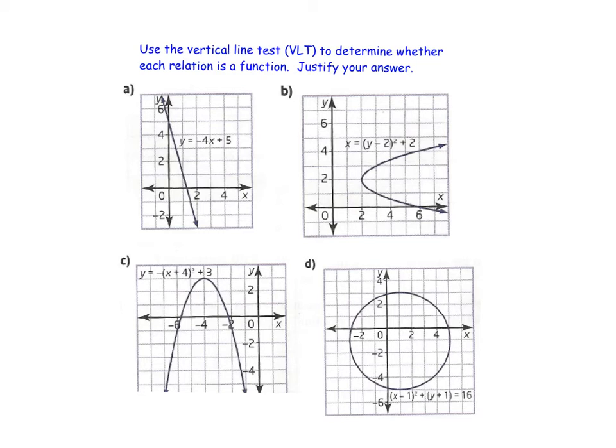Okay, and then we'll try the next one. So what about B? What do you think about B? So if we draw a straight line on B, we can see right away that it's going to fail the vertical line test because it touches in two spots there. So that is not a function.